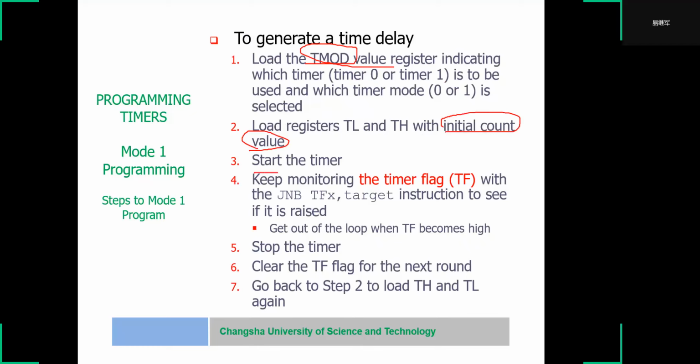Keep monitoring the timer flag with this code. Get out of the loop when TF becomes high. Stop the timer. Clear the TF flag for the next round. Go back to step 2 and load TH and TL again if we want to start another timer.